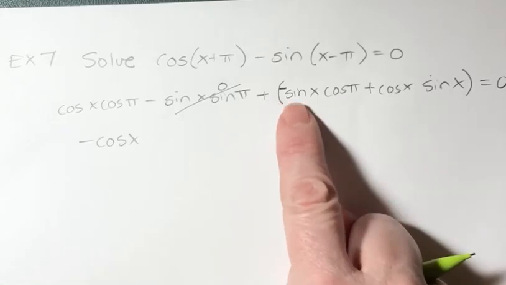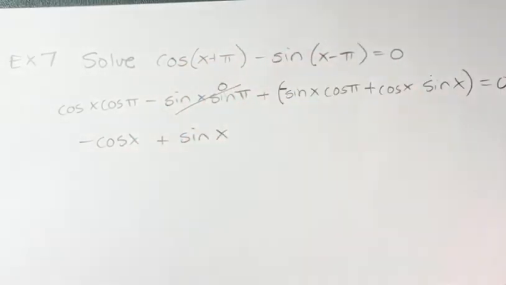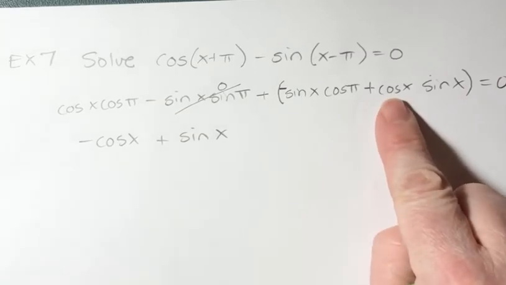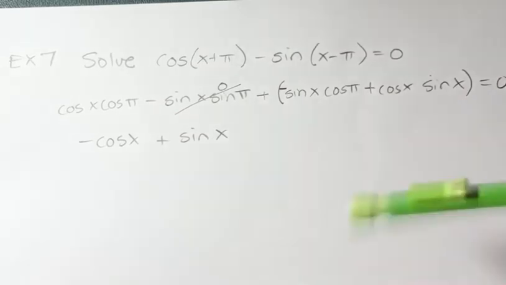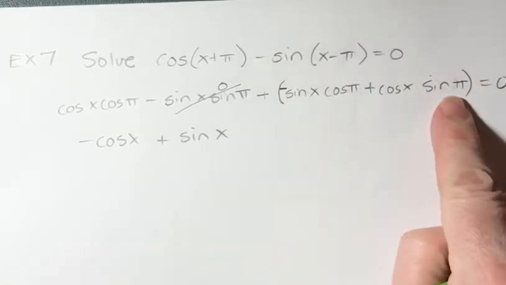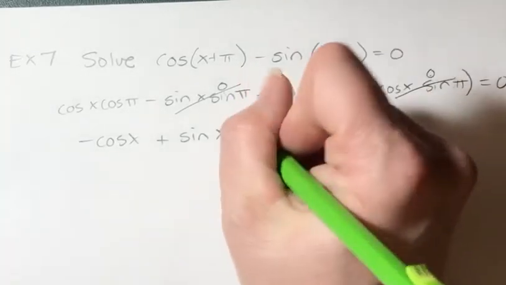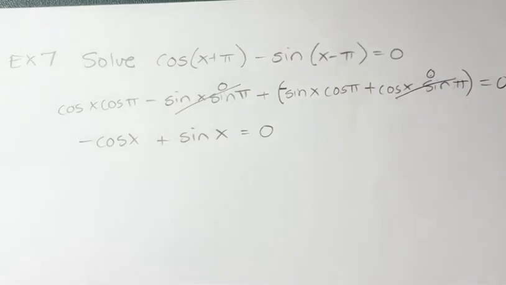So this is going to give me a plus sine of x. And then this one, oh, I wrote sine of x instead of sine of pi. Good catch. Sine of pi is 0, so then this one is also gone. So this is what I have right here, okay?